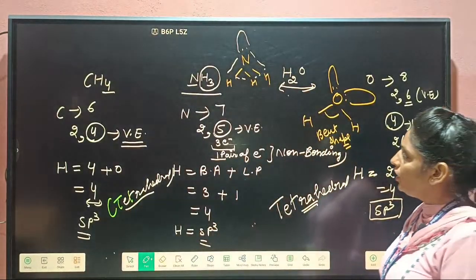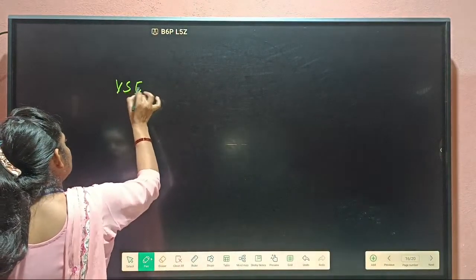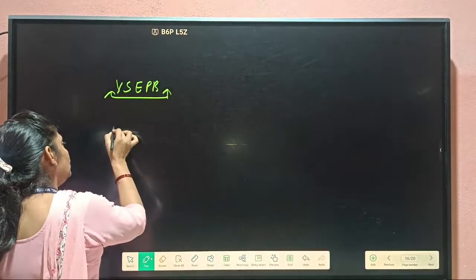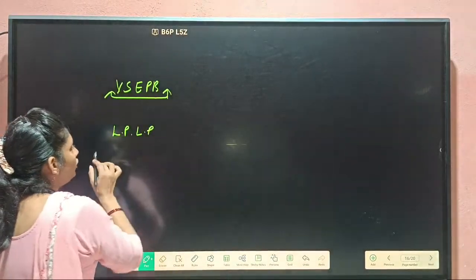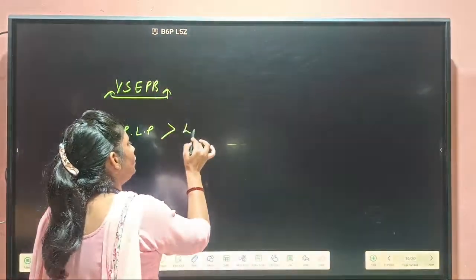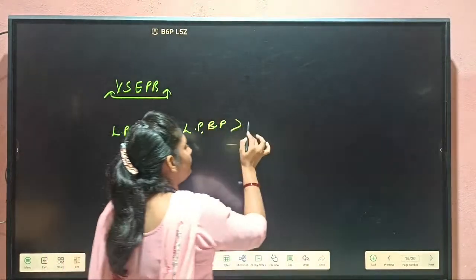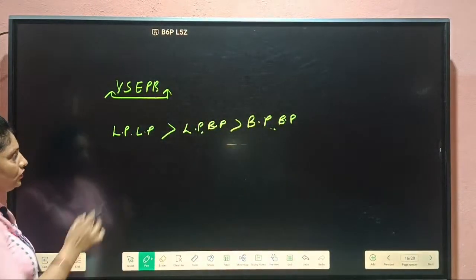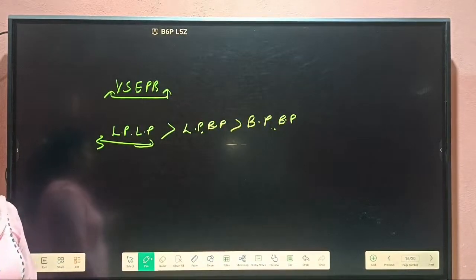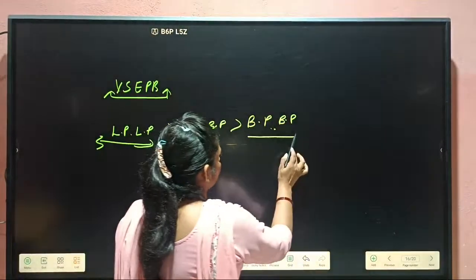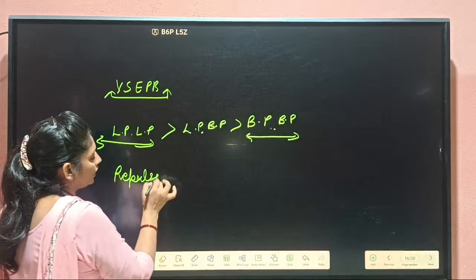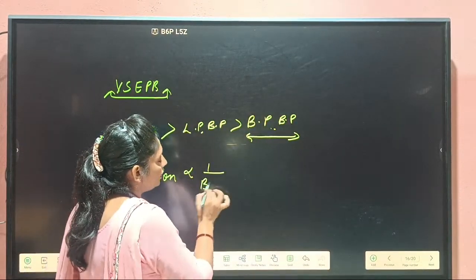Due to VSEPR theory, we already discussed the VSEPR theory. VSEPR theory states that lone pair-lone pair repulsion is greater than lone pair-bond pair repulsion, which is greater than bond pair-bond pair repulsion. कि जो हमारी लोन पेयर रिपल्शन होती है वो मैक्सिमम रिपल्शन होती है. Lone pair repulsion is maximum, and bond pair repulsion is minimum. And students, repulsion is inversely proportional to the bond angle.